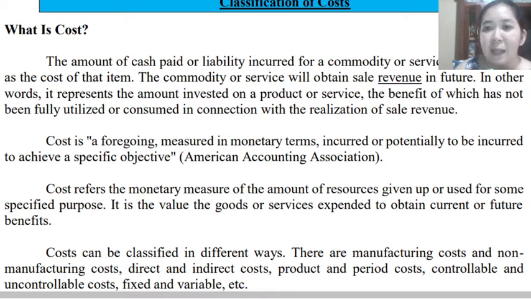So again, in this definition, they focus on the measurement of the items, or the capital or cash paid, in monetary terms. The purpose of this later on is for the determination of the cost and for recording the transaction in our books of accounts.